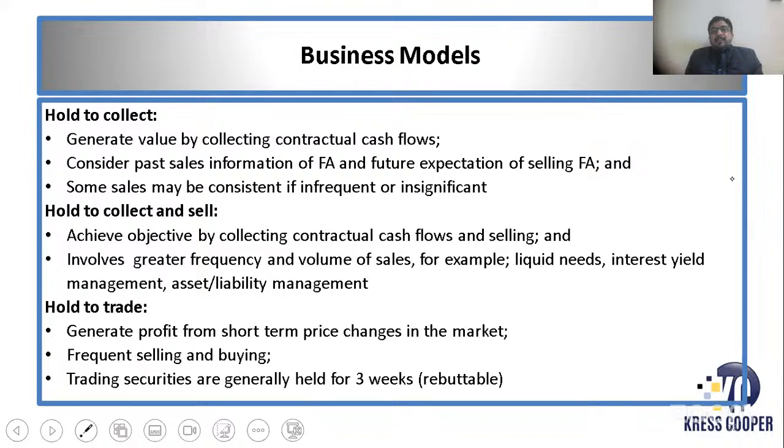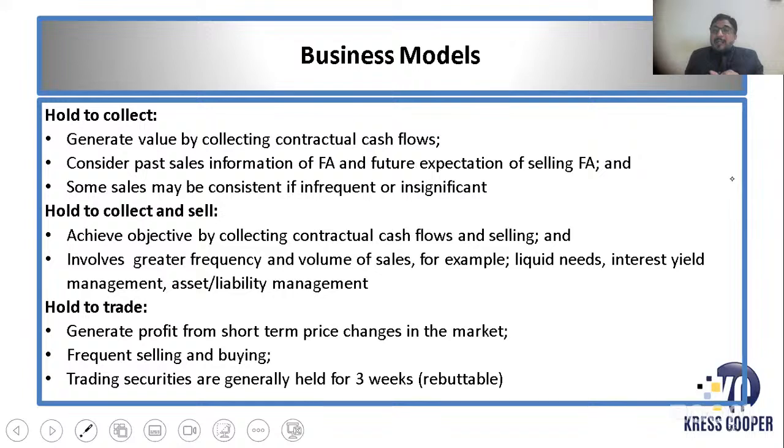Then there is another model, which is hold to collect and sell. This is the model in which the entity will hold for some period and will keep on receiving the contractual cash flows for some period, but the entity is focusing on an opportunity to sell that asset if it can receive a better value.